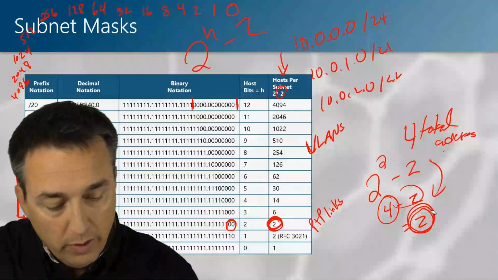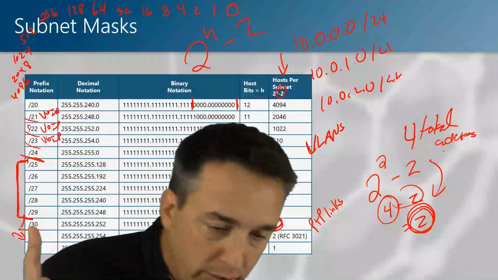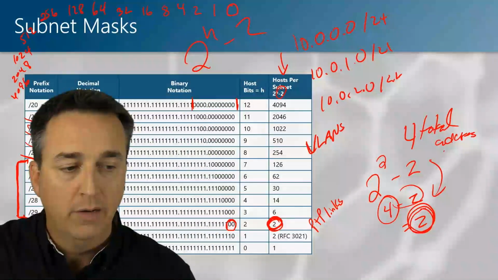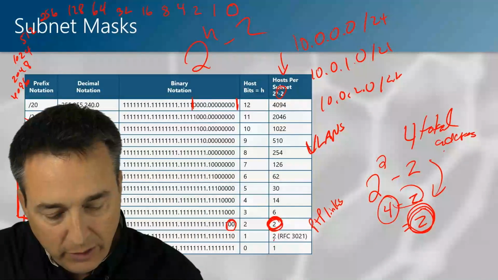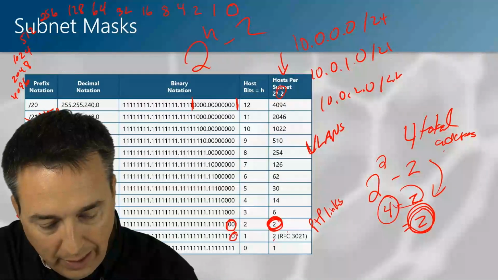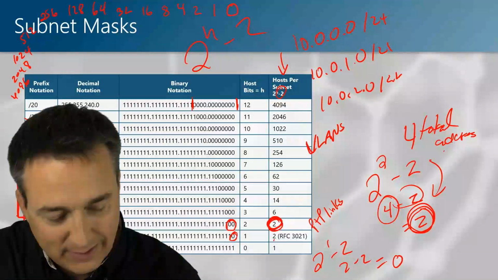All right. So now what I want you to realize is that there is /31 that you can use, okay? Like I mentioned before, /31. But I said it breaks the rules of subtracting 2. Why does it break the rules? Because if I took a /31 and we had 1 host bit left over, that would be 2 to the power of 1 minus 2 equals 2 minus 2, which equals 0.